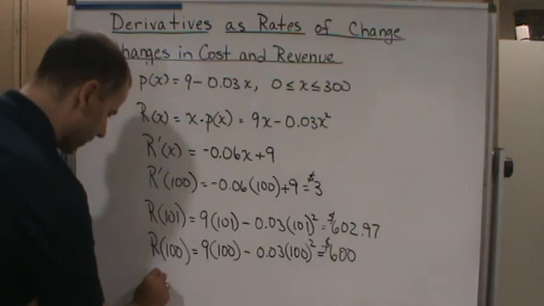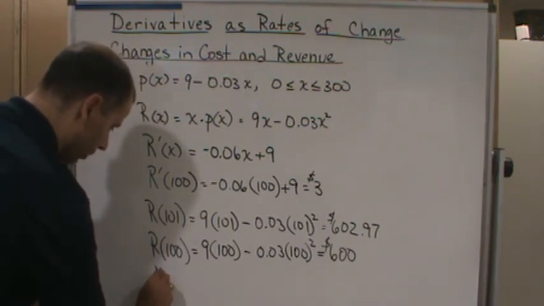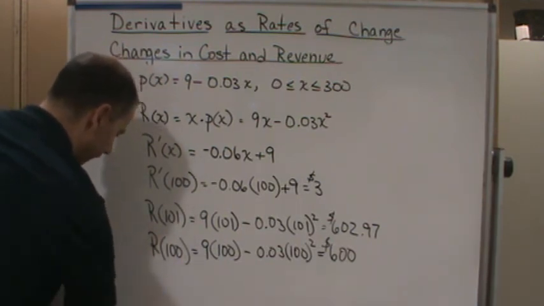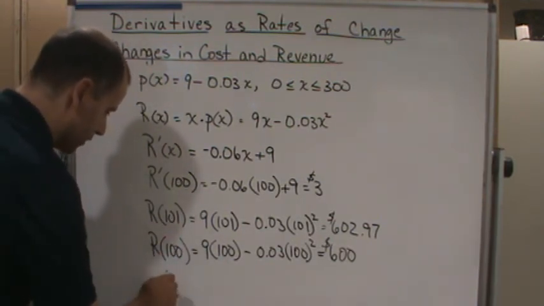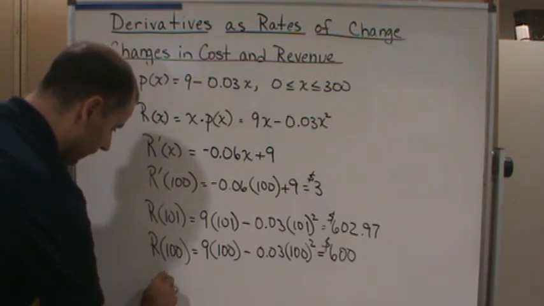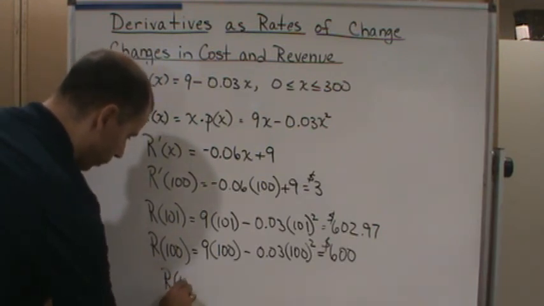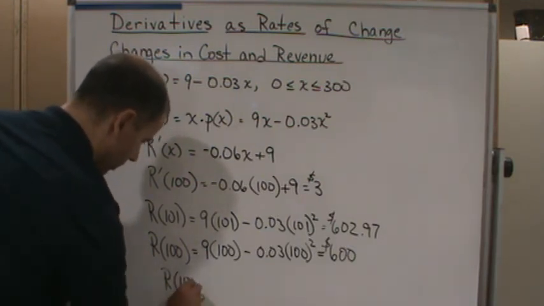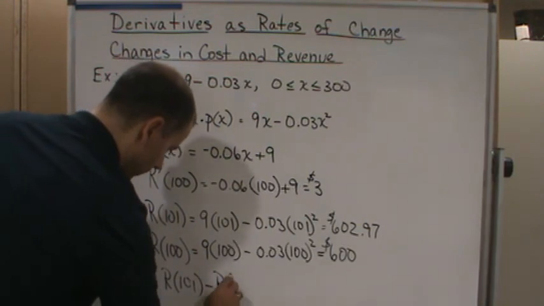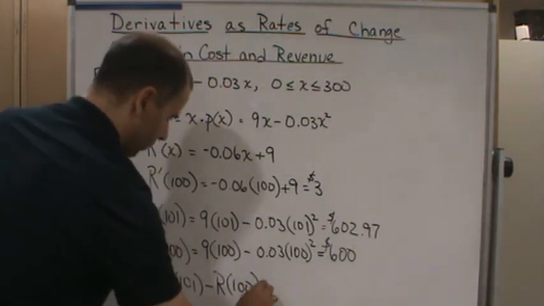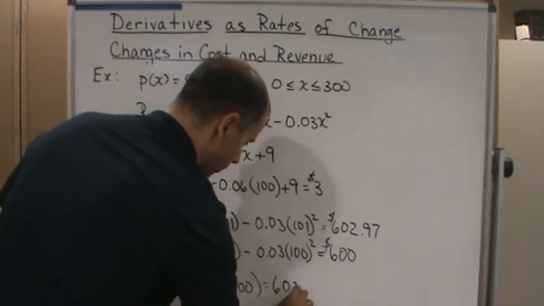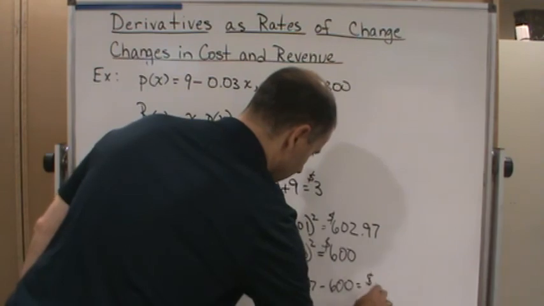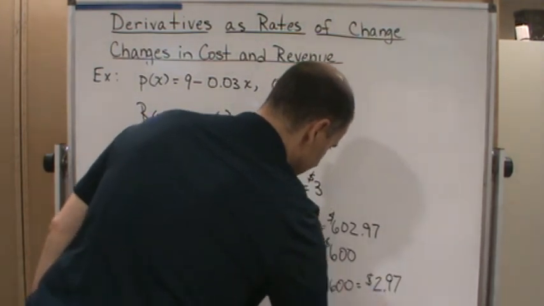So 600, and so what do we get? Aha, we're going to subtract. So the actual revenue, I should say, not marginal, the actual revenue that is made is R of 101 minus R of 100, which equals 602.97 minus 600 gives us $2.97.